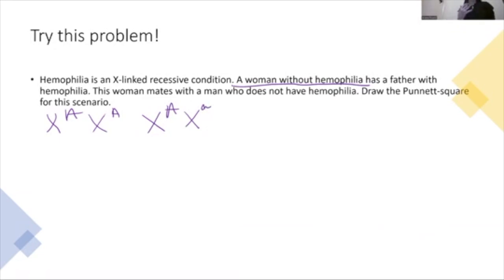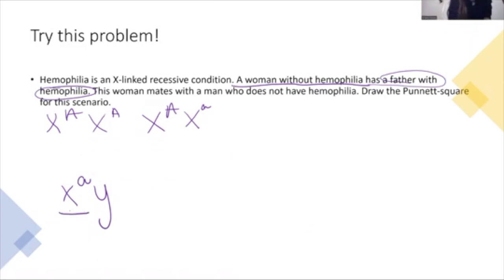The way we're going to find out which one she is is based on some additional information. She has a father with hemophilia. What would that genotype look like? Well, we know it's male, so it's XY, and with hemophilia, it's X-linked recessive, so it must be a little a. Keep in mind, the father only has one X to give, which means that if he has a daughter, he has to give that X away.